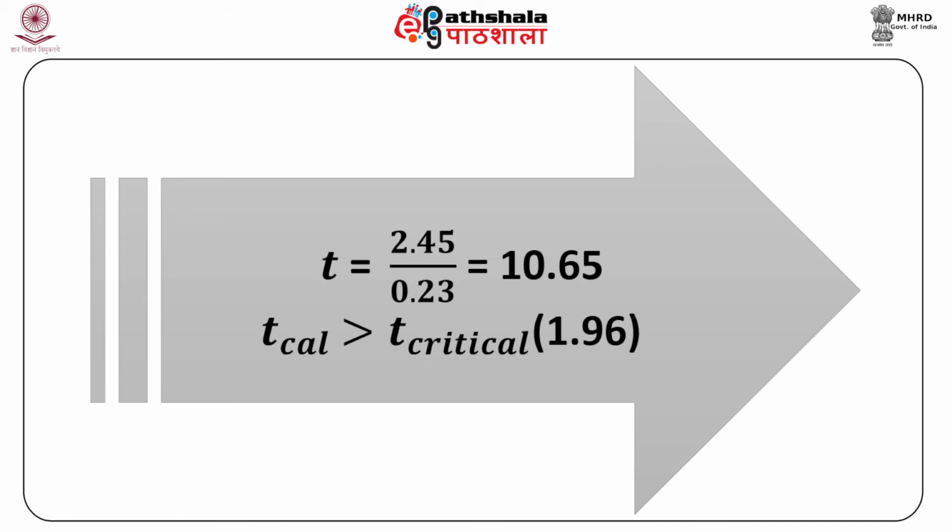The column next to T stats in the regression output above is also a useful mechanism to test the significance of the coefficients. This P value, or the probability value, is the exact probability of committing a type 1 error under the null hypothesis.